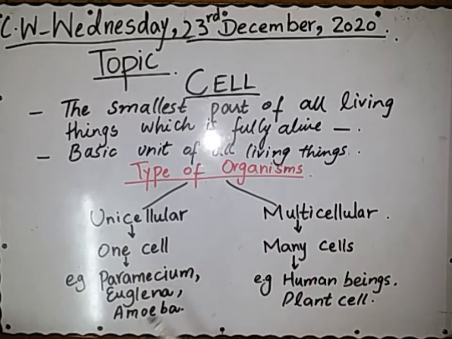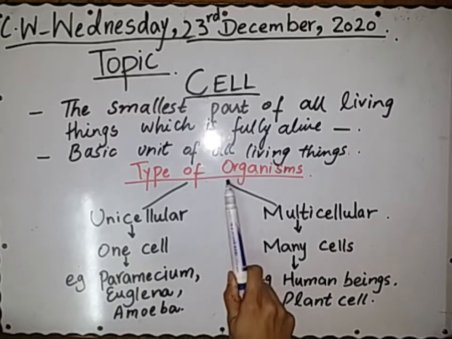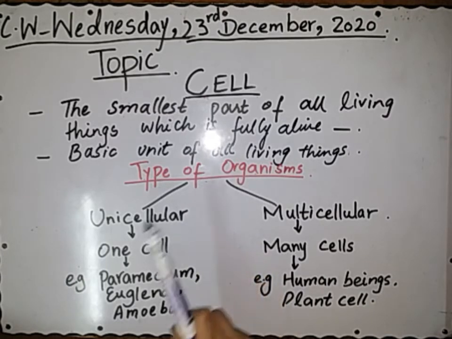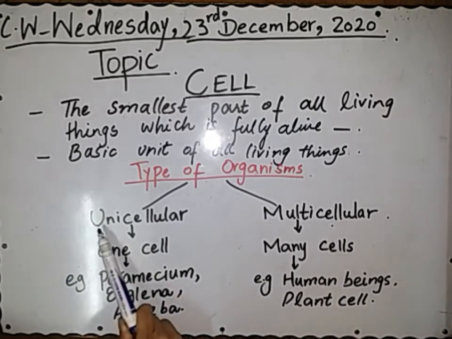So here I have explained to you the definition of the cell. The definition of the cell is the smallest part of all living things which is fully alive. Cell is the basic unit of all living organisms. Then I have explained the types of organisms depending on the number of cells. So we have two types of organisms, that are unicellular organism and multicellular organism. Uni means one, the organism consisting of a single cell, and that cell will carry out all the functions of the cell.